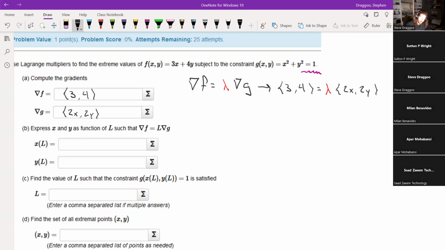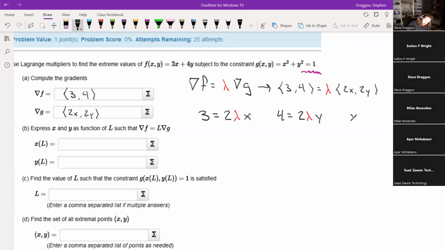And this will generate 3 equations for me to solve a system of. So I will get 3 equals 2 lambda x. I will get 4 equals 2 lambda y.